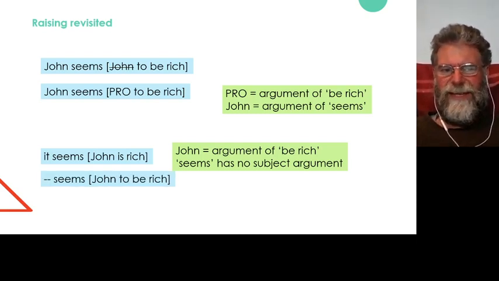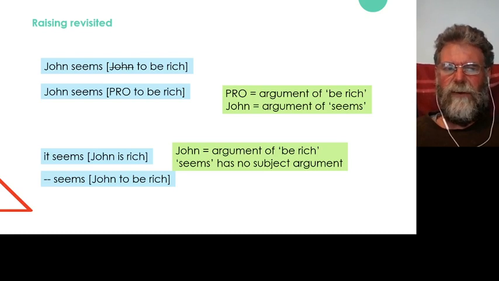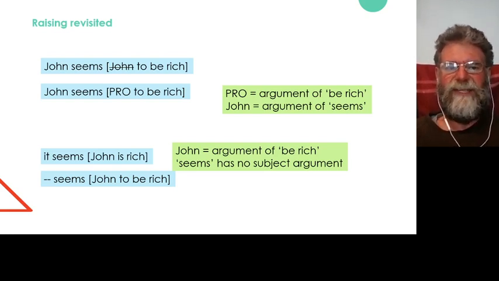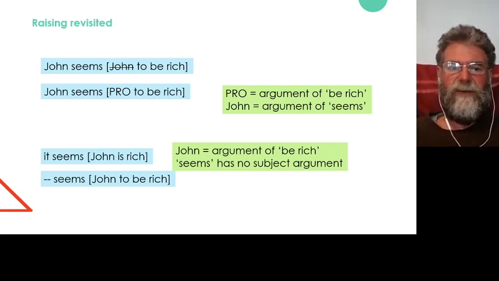Therefore, at the D-structure level, we're going to have this kind of interpretation, and given that the seem involved here is pretty much the same as the seem involved with the non-finite infinitival clause, in as much as it seems that John is rich and John seems to be rich mean pretty much the same thing, and if we had two different seems, presumably they would mean different things. But given that they mean the same thing, it looks as though we've got the same verb seem, and that verb, as we've said, has no subject of its own.